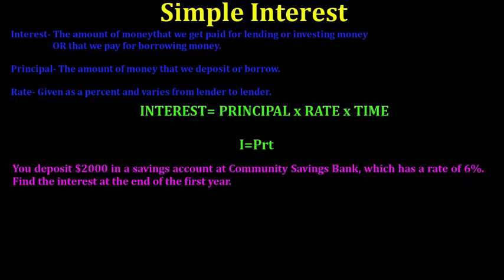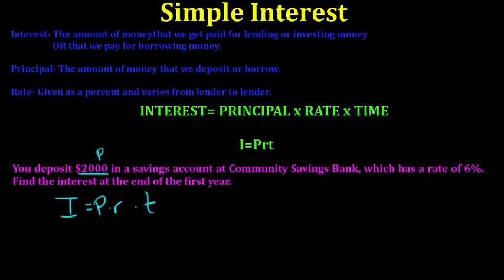So our first problem is: you deposit $2,000 in a savings account at Community Savings Bank, which has a rate of 6%. Find the interest at the end of the first year. So we're going to say I is equal to P times R times T. Principal is the $2,000, the amount of money that we started off with, so I will put a P around that.